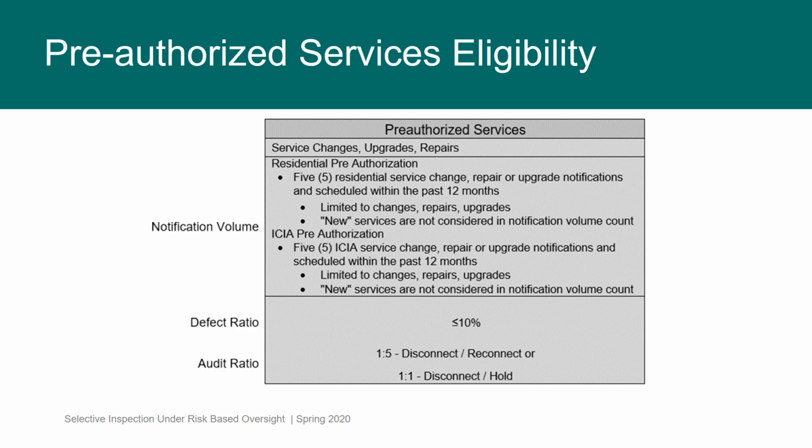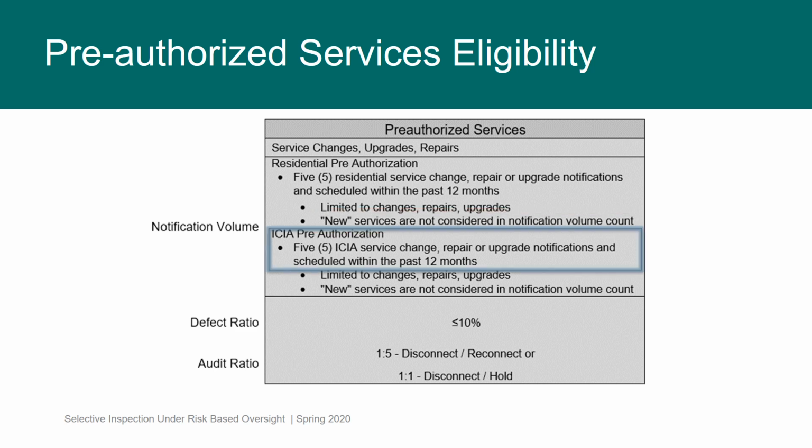Let's go over the requirements to qualify for residential pre-authorization. In order to qualify, you must have at least 5 residential service change, repair, or upgrade notifications created in the last 12 months. The notifications are limited to changes, repairs, and upgrades. New services are not considered in the notification volume count.